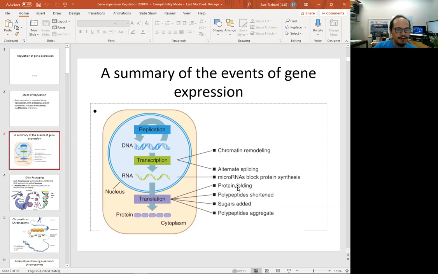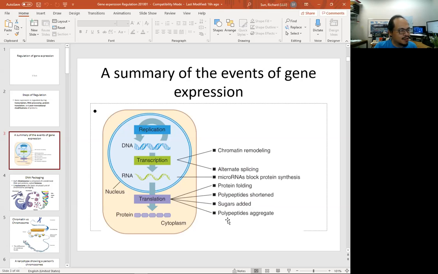Protein folding to fold it into the correct form. We can truncate a polypeptide to make it short. We can add sugar to it, to make it a glycoprotein in a way, some decoration. It's like you made bread, right? You add some sugar to it, some decoration.